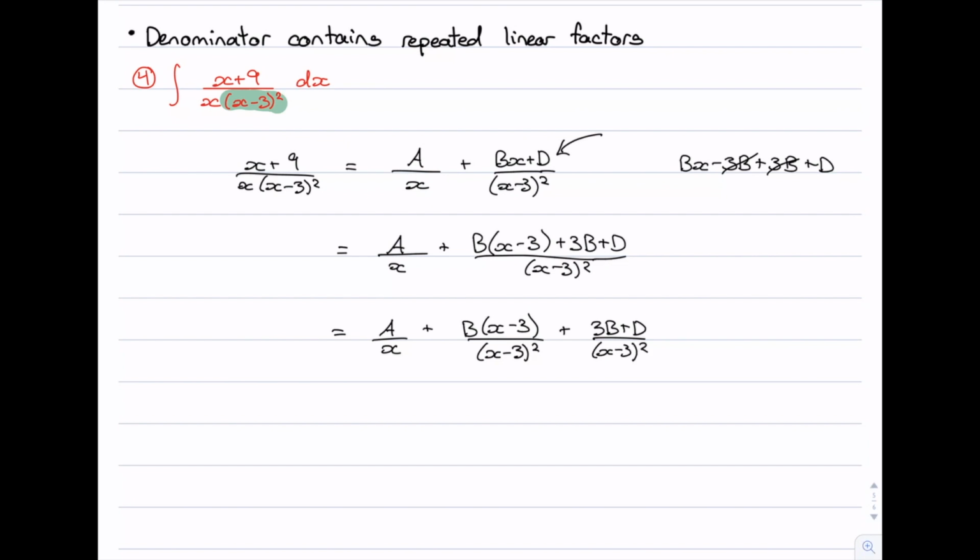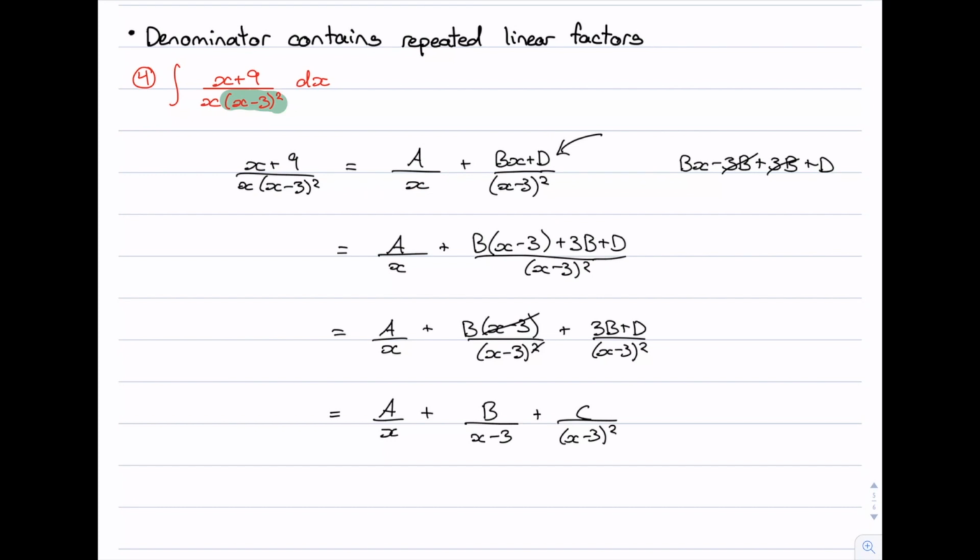And the advantage of doing that is that this factor, x - 3, cancels with one of the x - 3's in the denominator. And so when we simplify it, we get a over x plus b over (x - 3). And then what's the numerator in the third fraction? Well, it's 3b + d. But that's just a constant, so we might as well call it c, divided by (x - 3)².